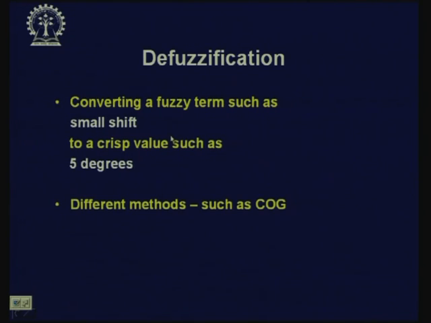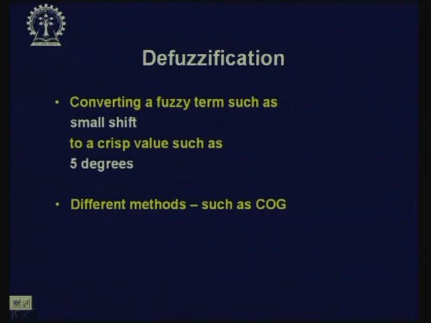Converting a fuzzy term such as small shift. Suppose some rule is like this: if the temperature is moderate, then turn the coolant control, give that coolant control a small shift. Now, the rule is stating small shift.